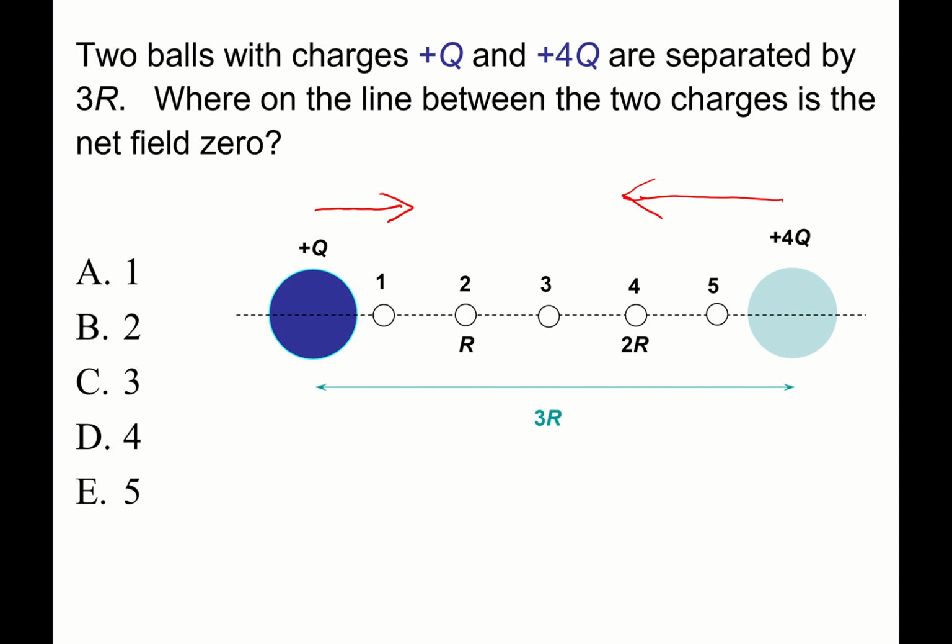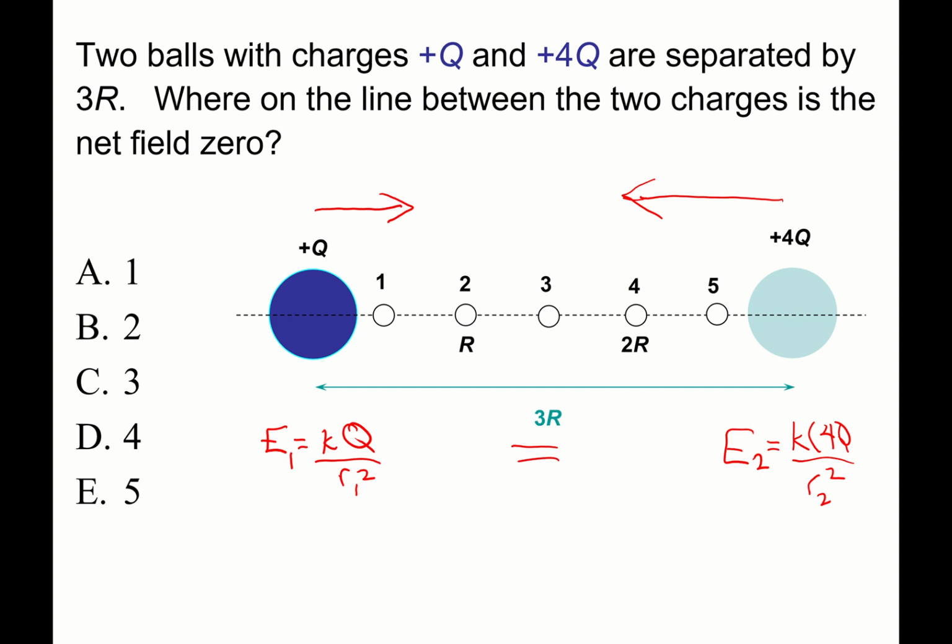Well, the electric field, let's call this charge 1, is going to be kq1 over r1 squared. And q1 is just q, so let me just put in q. The electric field from this one is going to be k times 4q over r2 squared. So if I want those guys to cancel out, they've got to be equal to each other.